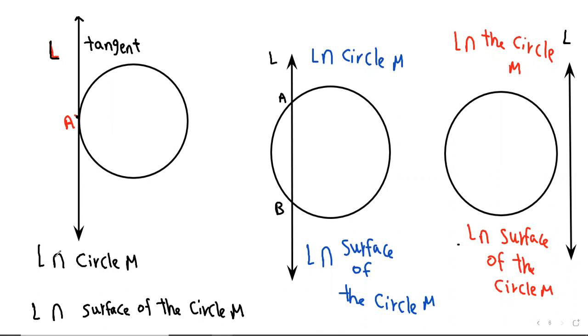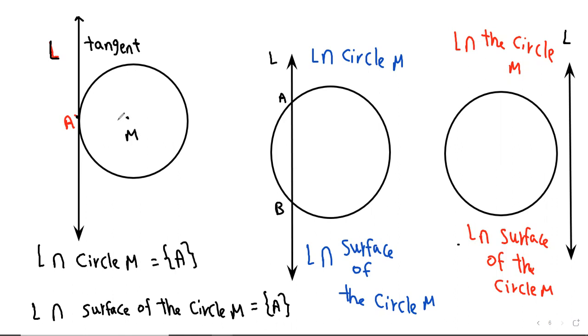So the straight line L intersects the circle M at the point A. And when it comes to the straight line L intersecting the surface of the circle M, the line L intersects the surface of the circle M at the point A. Okay, so once again, the straight line L in this case is called a tangent to the circle M.